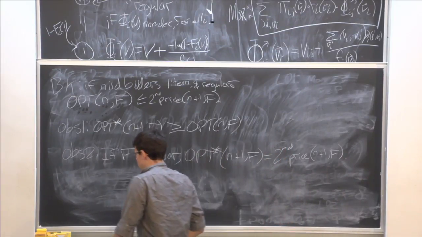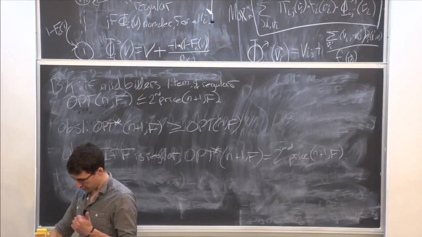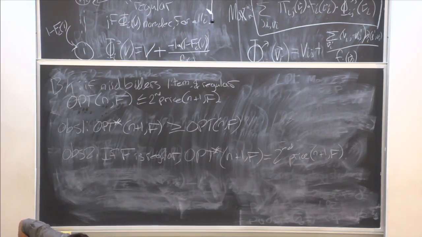Let's parse this. We know that virtual values are always monotone, and because the bidders are IID, they have the same virtual transformations. So definitely the highest bidder has the highest virtual value.